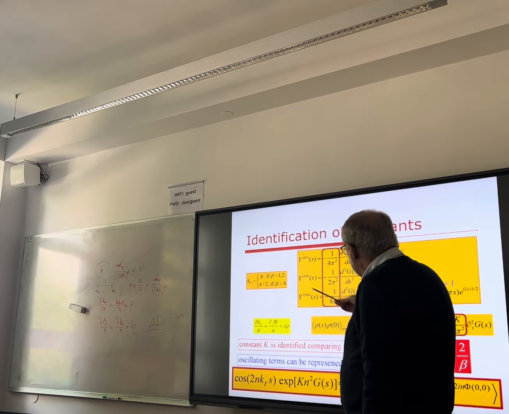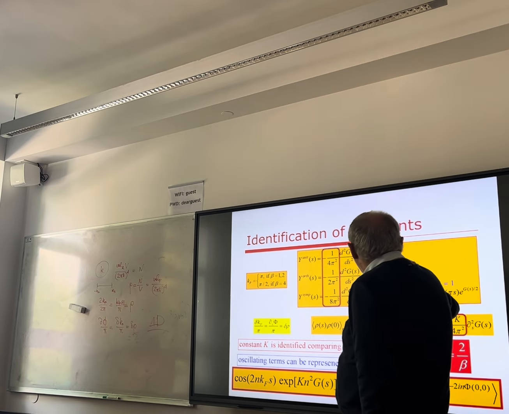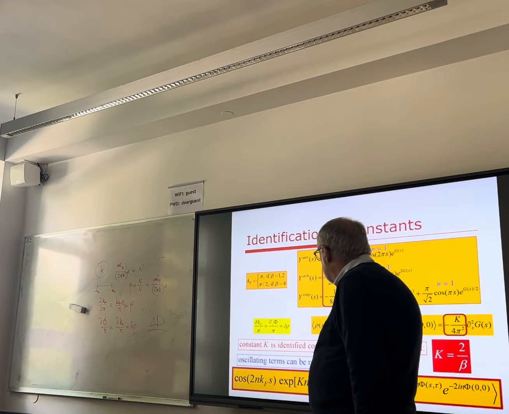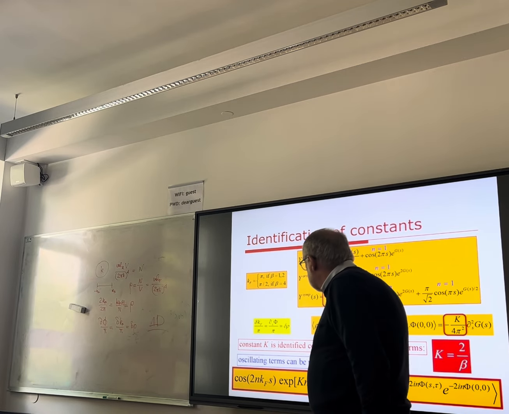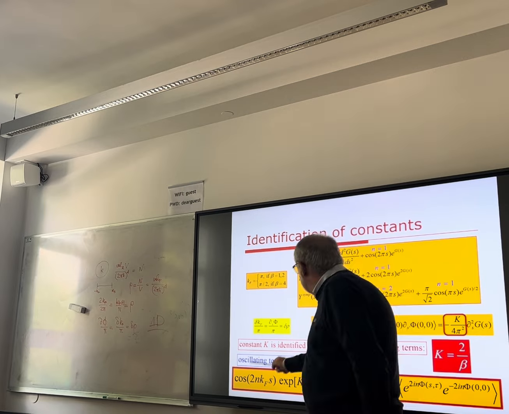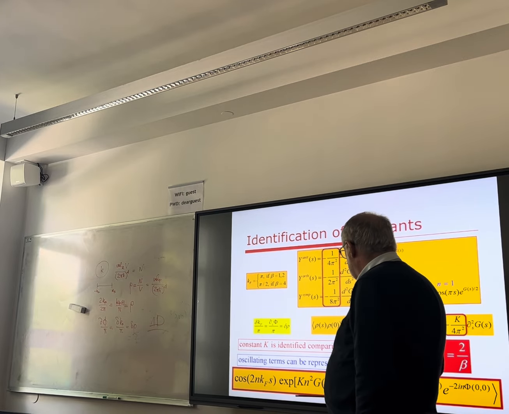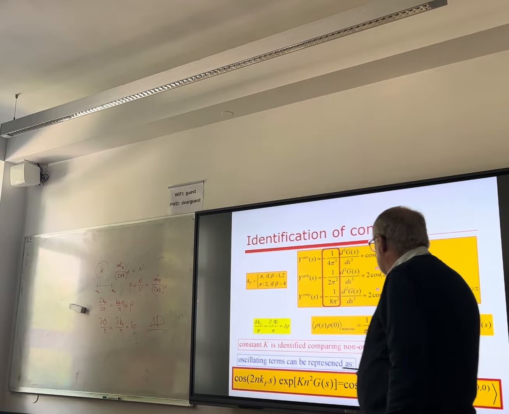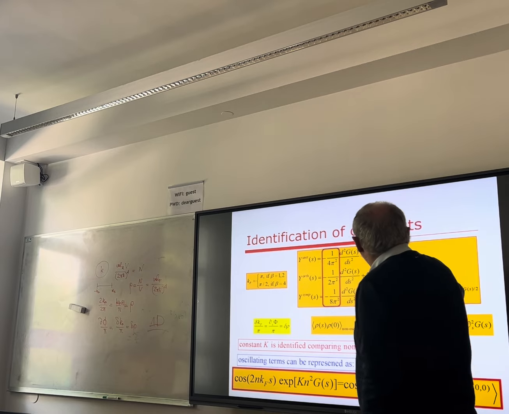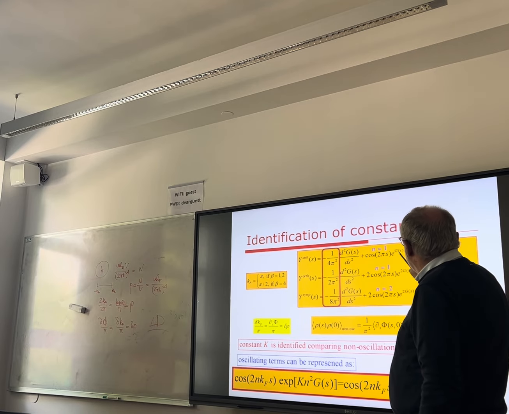So k Fermi is pi. If I look at this oscillating form and compare it with this one, I see that this n is equal to 1. If n is equal to 1, and for beta equal 2 K is also equal to 1, then this product is 1, and I have exponential of g of s. So here the coefficient is 1.